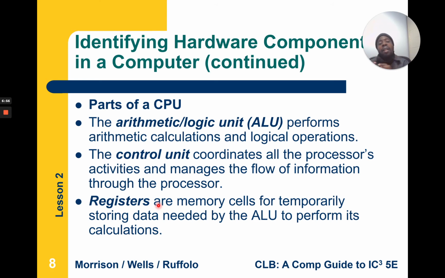So if you are adding 4 plus 5 to get 9, for instance, the 4 and 5 are temporarily stored in these registers, which are part of your CPU, before they can be added. You want to add two numbers, 4 and 5, together; they have to be held in a place called registers, which is a part of the CPU.